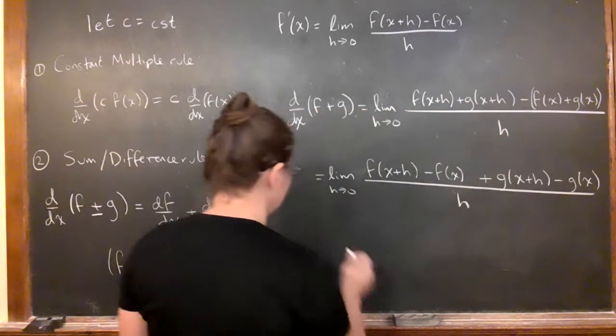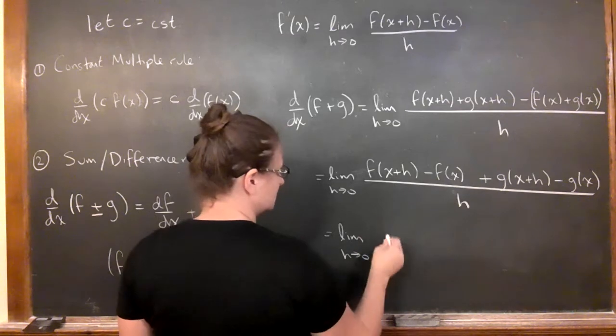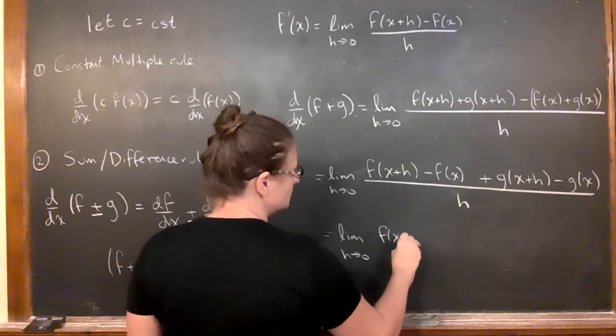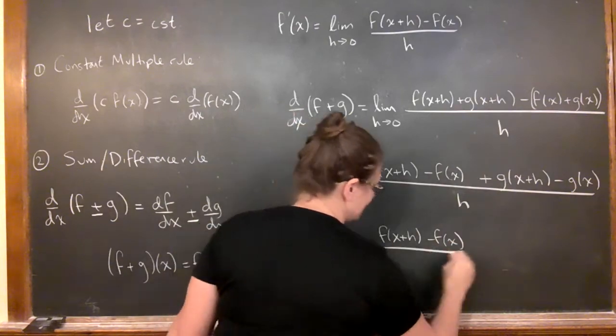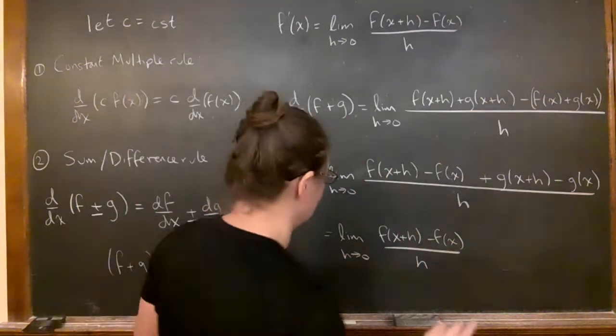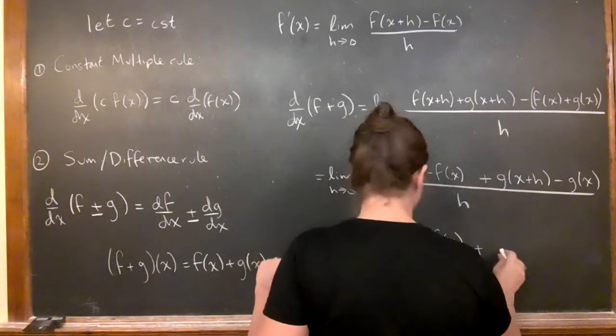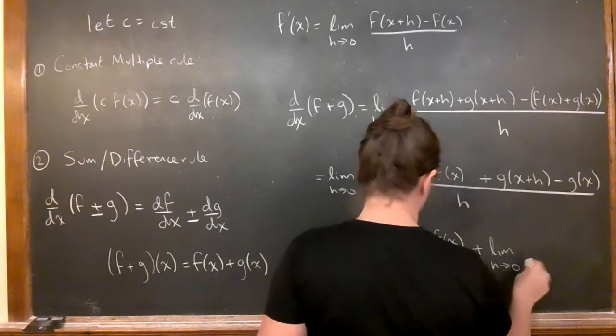And then I break this up into two difference quotients because you know you can do that as long as, of course, all these things are going to work out. In other words, these derivatives exist.